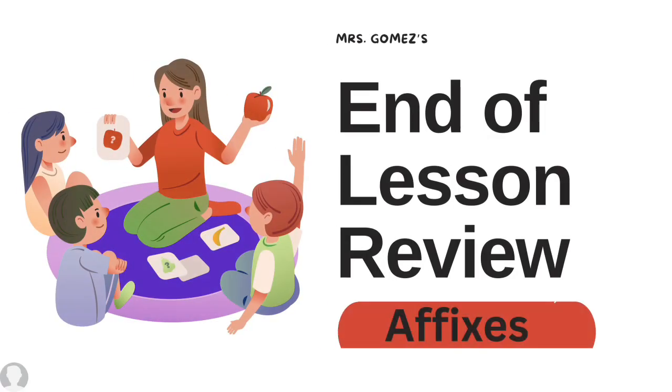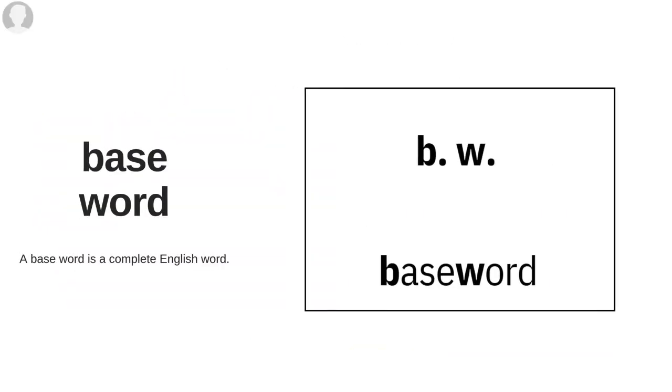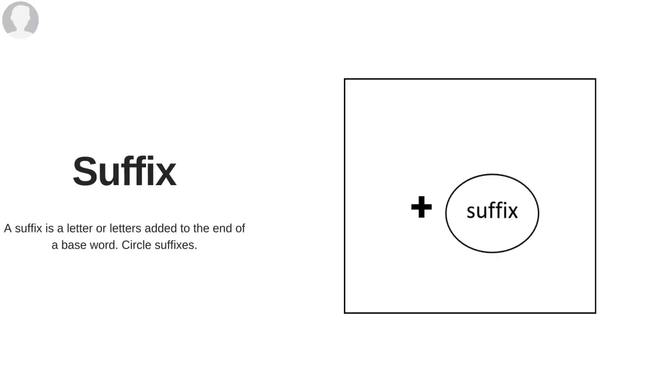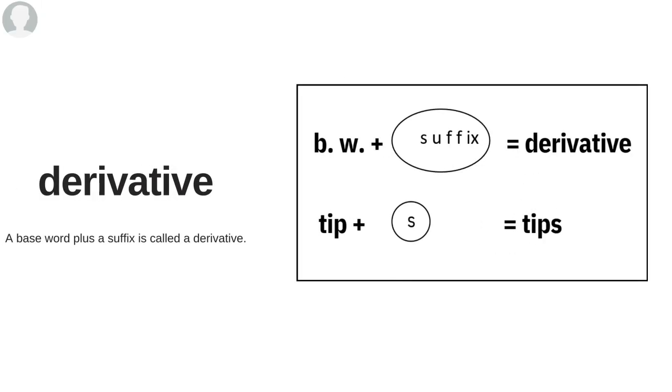Mrs. Gomez's end of lesson review. A quick run through of reading and spelling concepts we have learned so far. Base word. A base word is a complete English word. Suffix. A suffix is a letter or letters added to the end of a base word. Circle suffixes. Derivative.